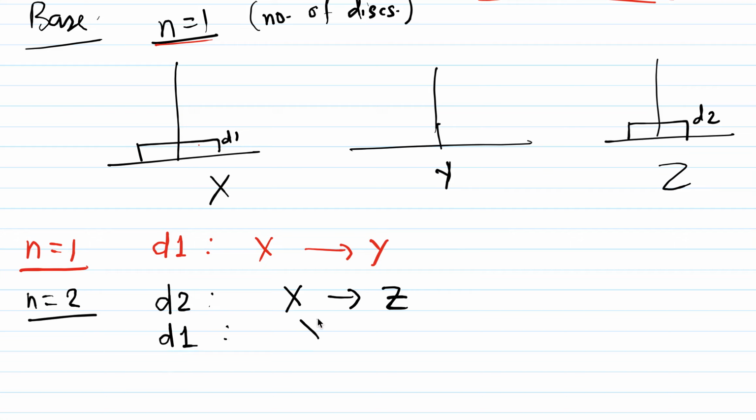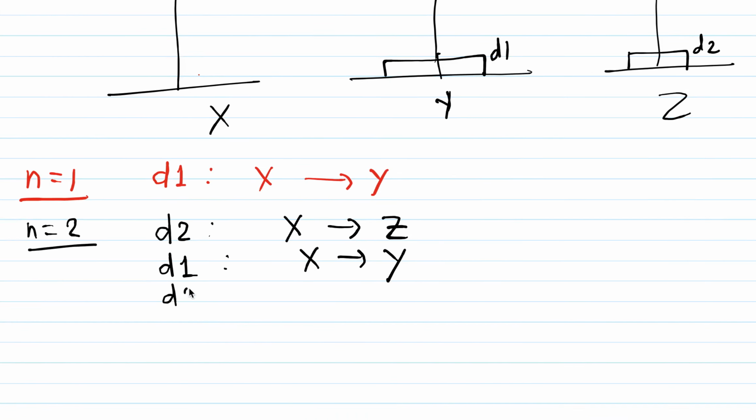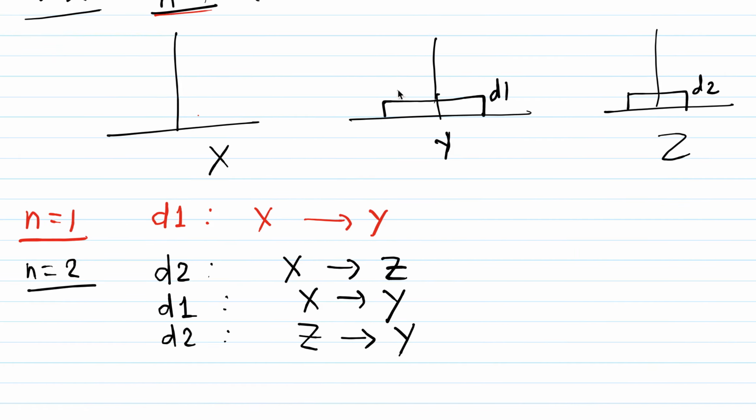Take D1 from X to Y. So D1 comes here. Next, we have to take this D2 on top of this. D2 from Z to Y. So this D2 will come here, and we are done. Our goal was to transfer all the disks from here to here, and we have done it.